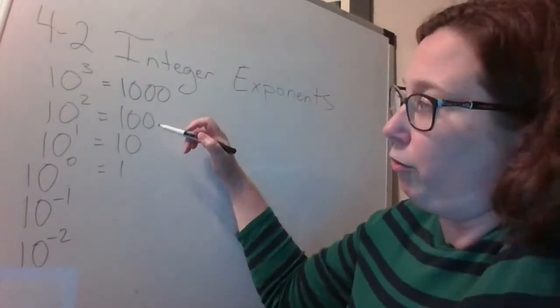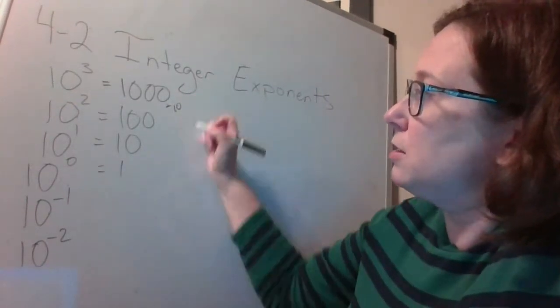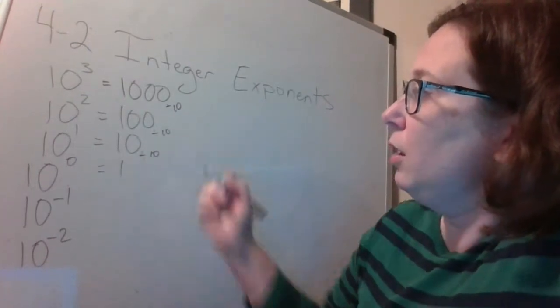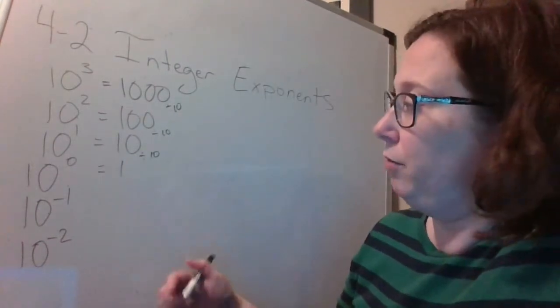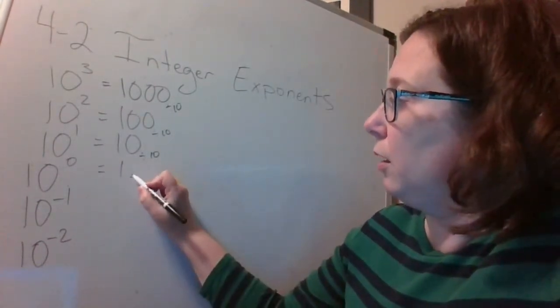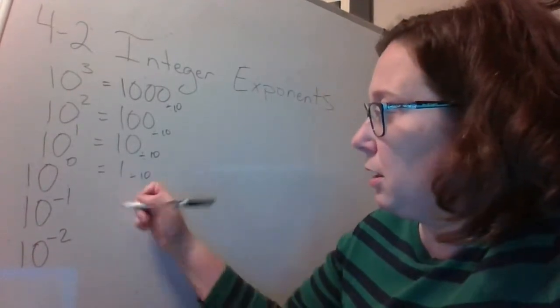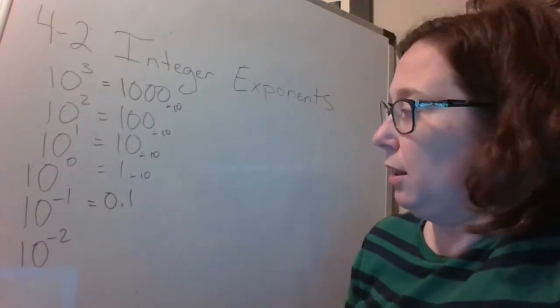We're cutting off 1 zero each time, essentially. What that means is, mathematically, we're dividing by 10. So that pattern is going to continue down for our negative numbers, and we're still going to be dividing by 10, which means here we are going to have 1/10.